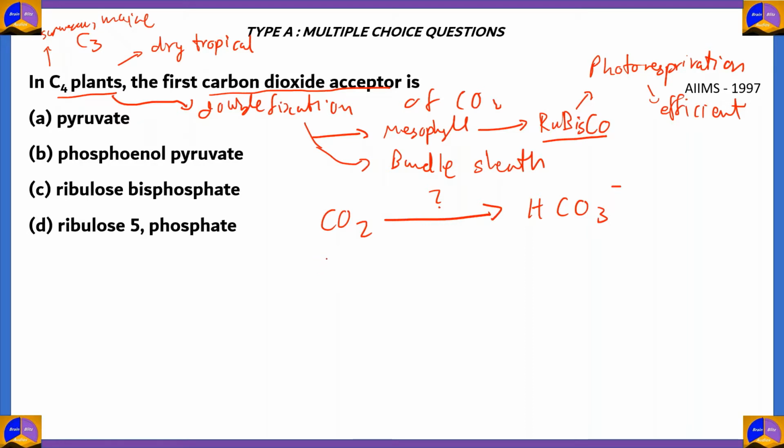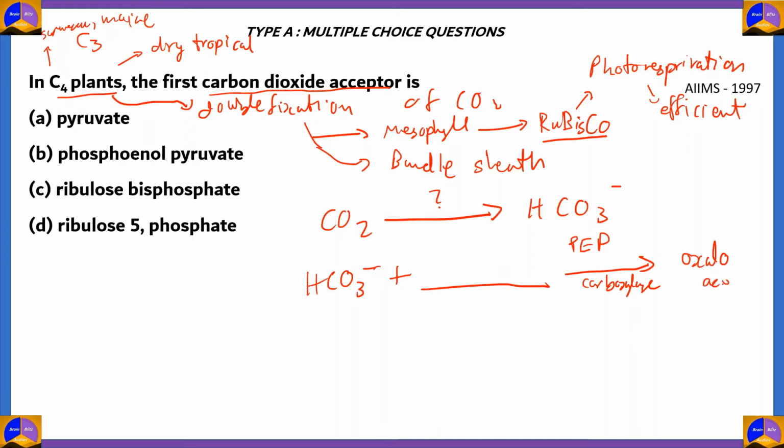Now, this hydrogen carbonate, along with the carbon dioxide acceptor, undergoes this reaction. So it's HCO3 minus plus our acceptor, under the presence of PEP carboxylase, gives you oxaloacetic acid.